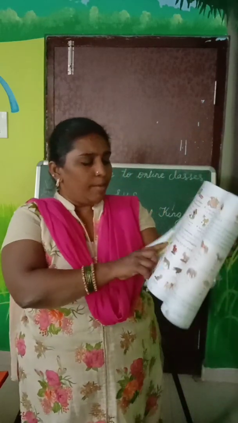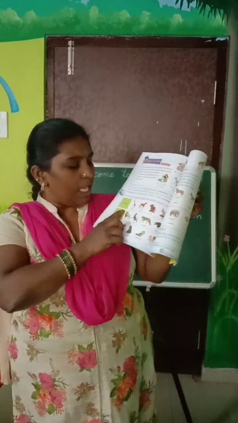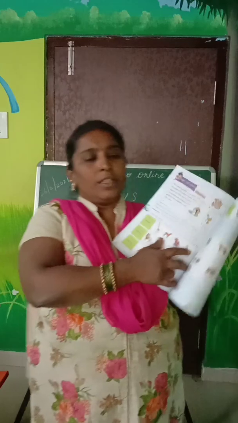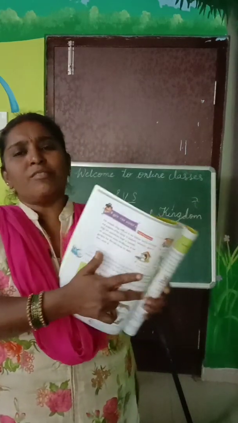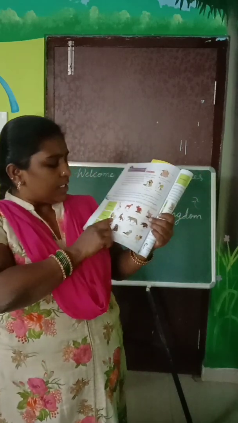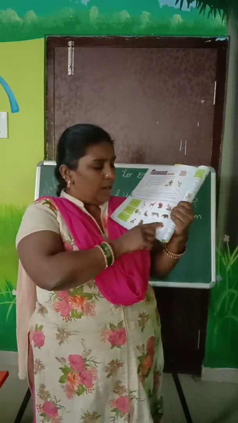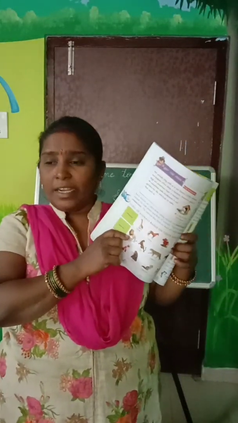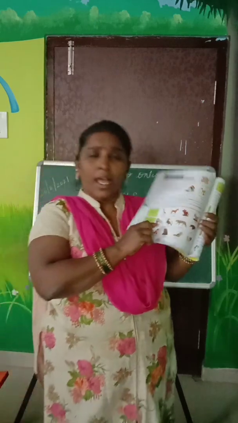So see, who are herbivorous animals? Giraffe, horse, cow, goat. These are some of the animals which eat only plants and grass. Carnivorous: lion, tiger, leopard, hawk. These animals will hunt and eat the flesh of other animals.